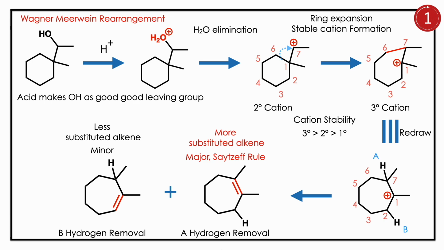Then alkene forms, but the more substituted alkene will form as per the Zaitsev rule. So two important factors: Wagner-Meerwein rearrangement and the Zaitsev rule. Whenever there is alkene formation, the more substituted alkene will form, which is called the Zaitsev rule. The concept you have to learn here is that even a 6-member ring will expand itself to form a 7-member ring.